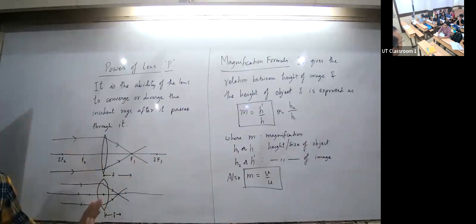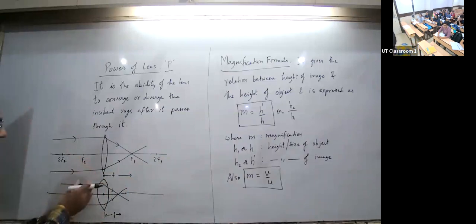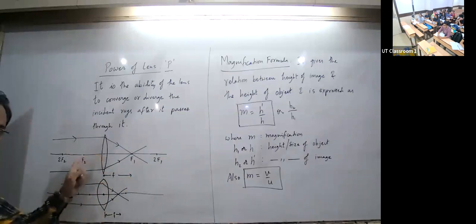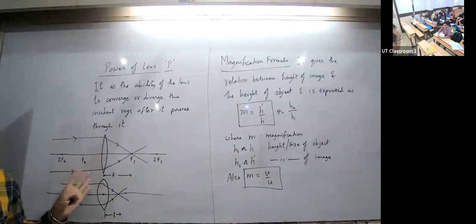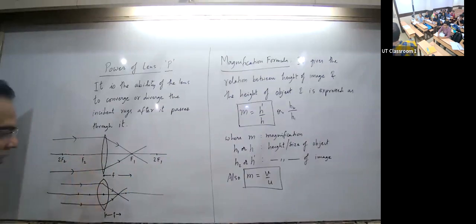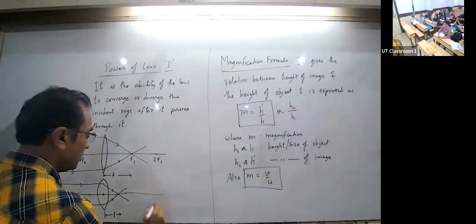Is this meaning understood? What is the meaning of power? Same case in the diverging lens: the focal length will be closer on the front side of the lens. Similar, right?